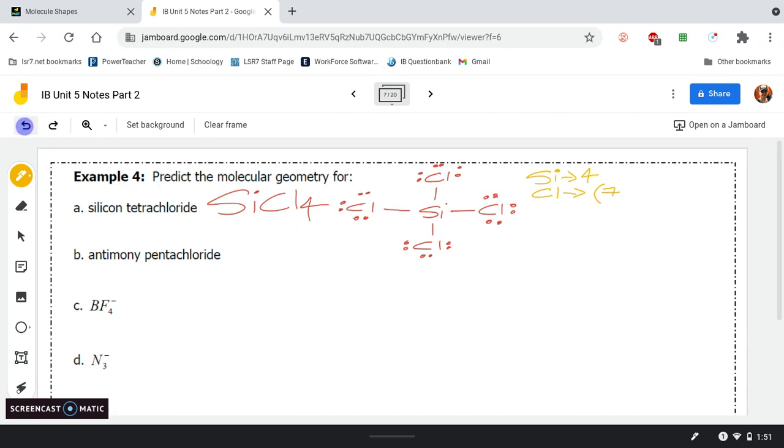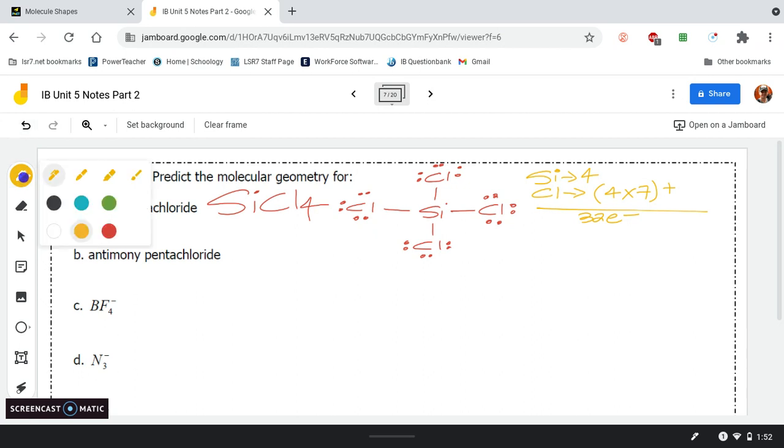So 4 times 7. We're going to add all that up. So 7 times 4 is 28, plus 4 is 32. 32 electrons is my target number.